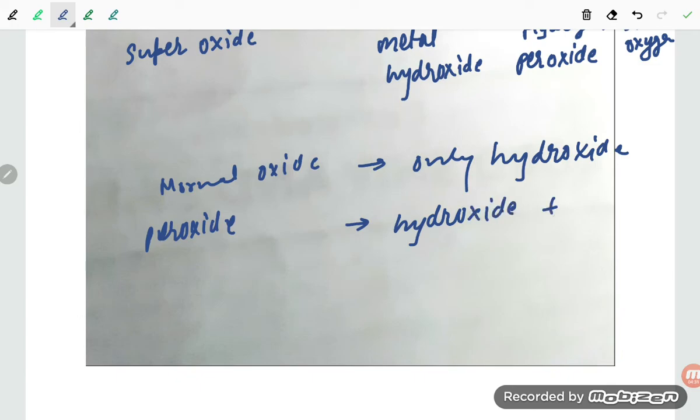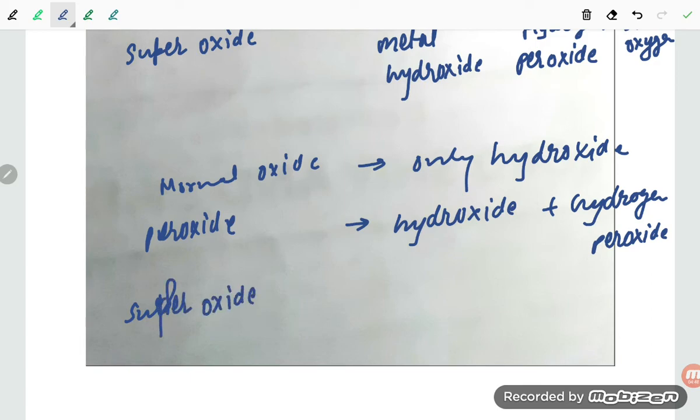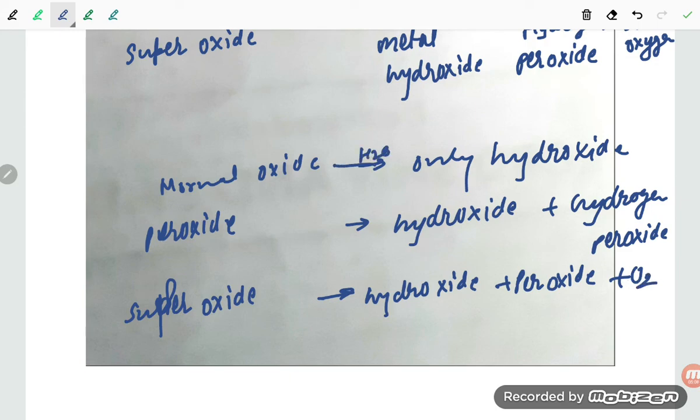Last one, superoxide: it will give hydroxide, then peroxide plus dioxygen, O2. So when you hydrolyze them, they give their respective compounds.